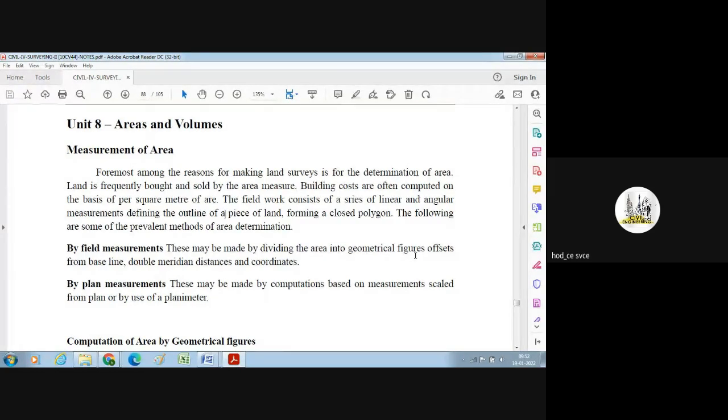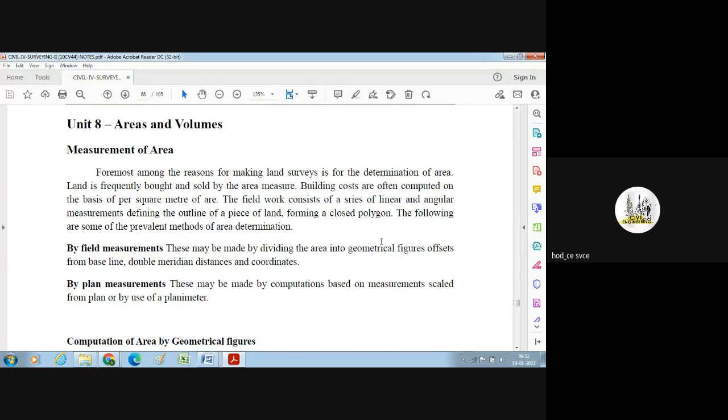Geometrical figures means rectangle, square, triangle, pentagon, polygon, hexagon, circles, like that. So these are the geometrical figures here.